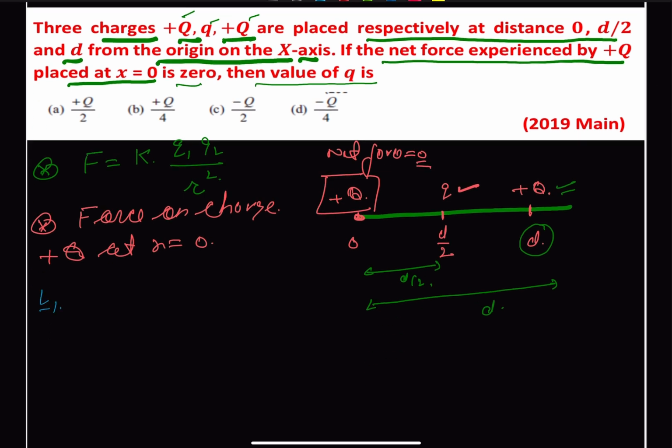First it will be due to plus q at x is equal to d. Okay, so these are both positive, so it will be a repulsive force. Let us call this as our F1. So F1 will be equal to K Q square upon d square, and its direction will be towards left.